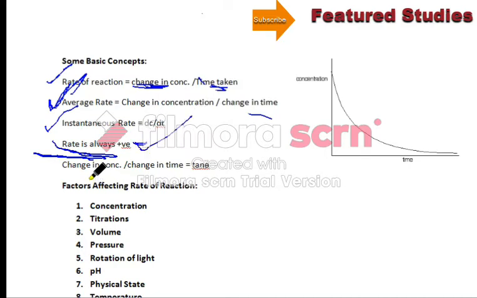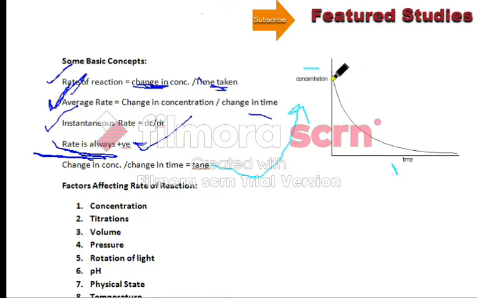And then the change in concentration by change in time is equal to tan theta. We got this from this graph. What is this graph? It is the concentration and time graph.